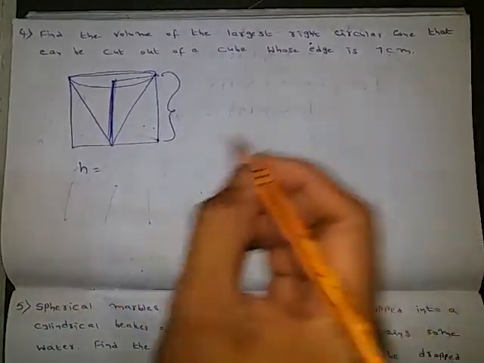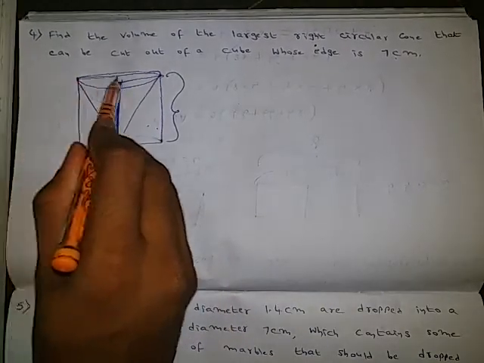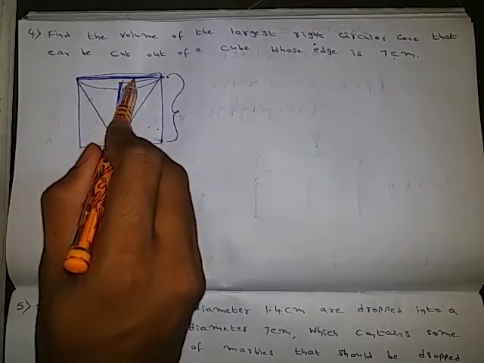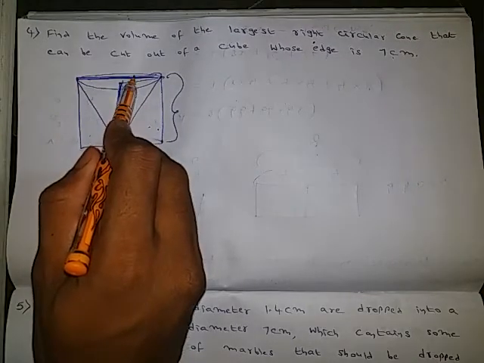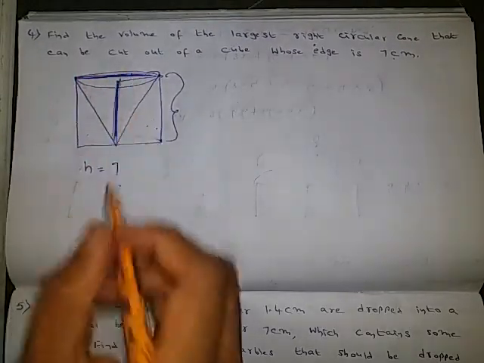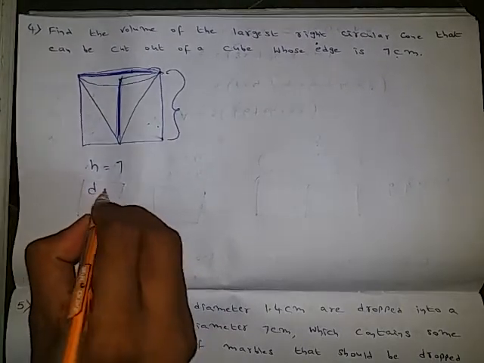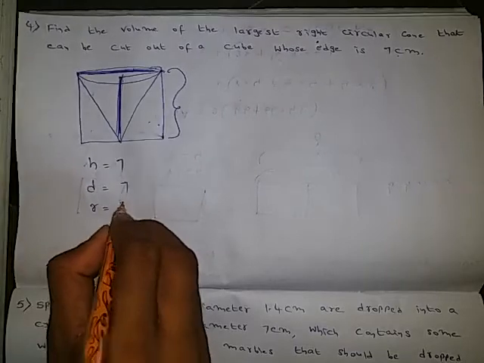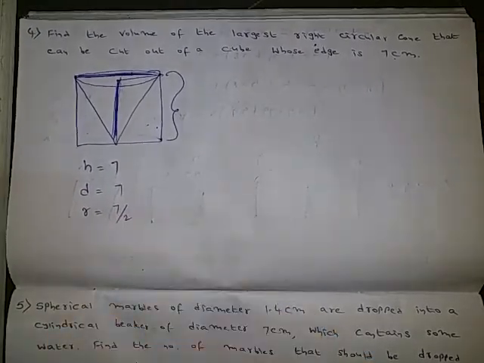Side of the cube is given as 7. Next, if we observe the total cone diameter, it is exactly equal to the side of the cube. So diameter is again 7. If diameter is 7, then radius will be 7 by 2.